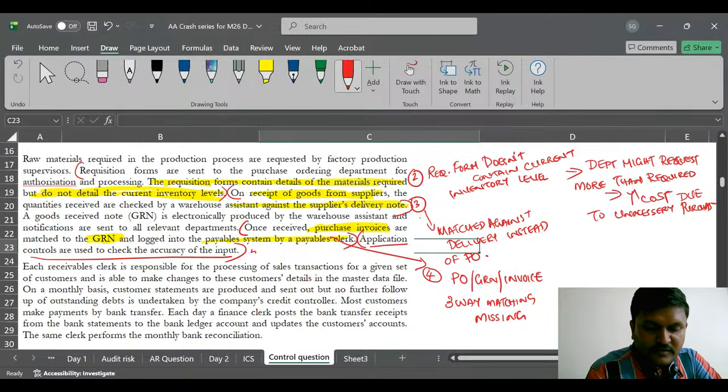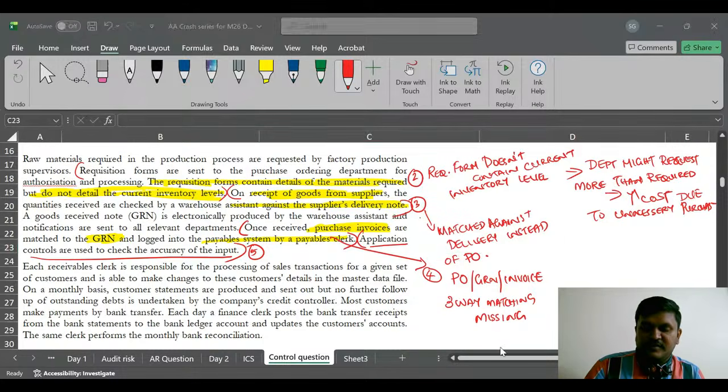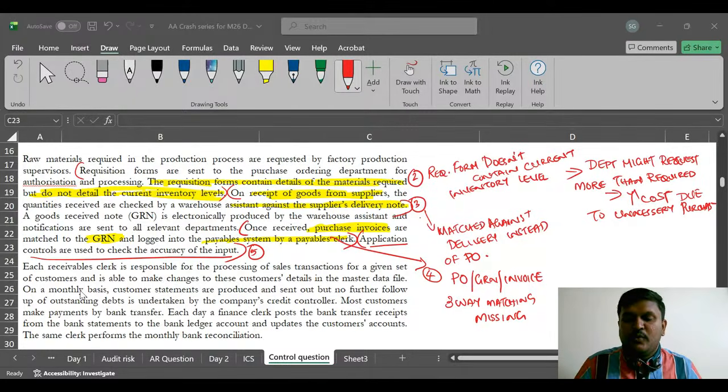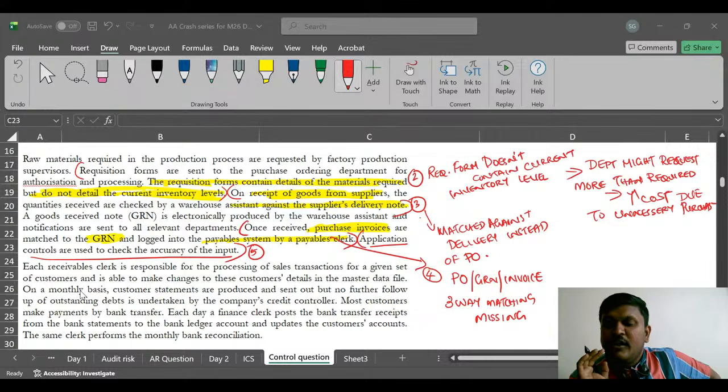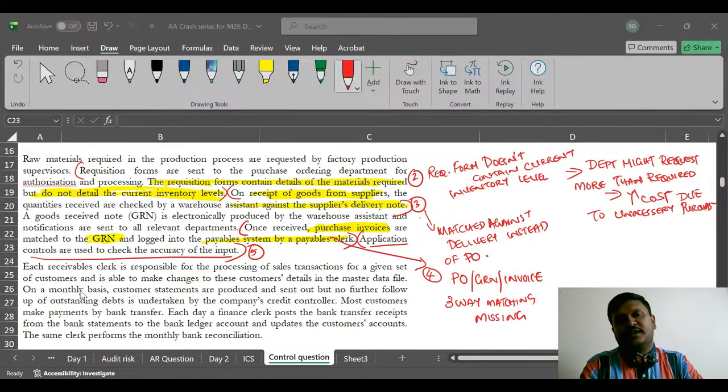I would say this is the fifth problem. Whenever something is being received, accuracy is being tested. It's a good thing. We are checking the accuracy of the input. But what are we missing over here? There is no check on the completeness of the input. Whatever has been included, you are checking accuracy, but you are not checking completeness.